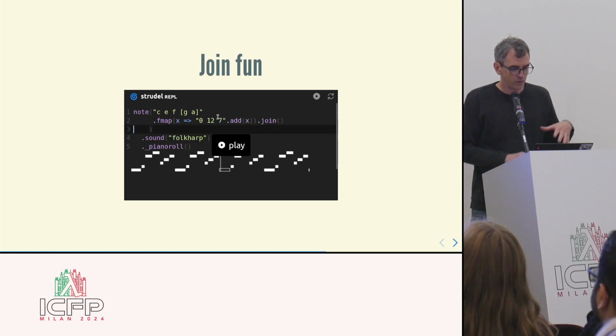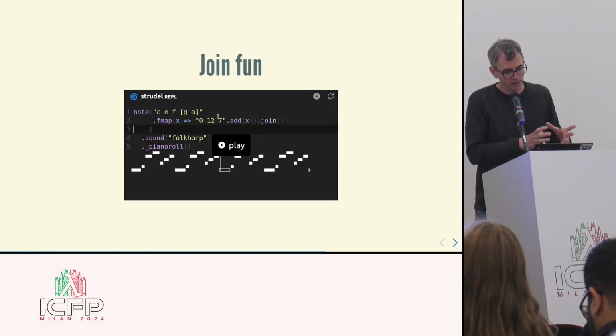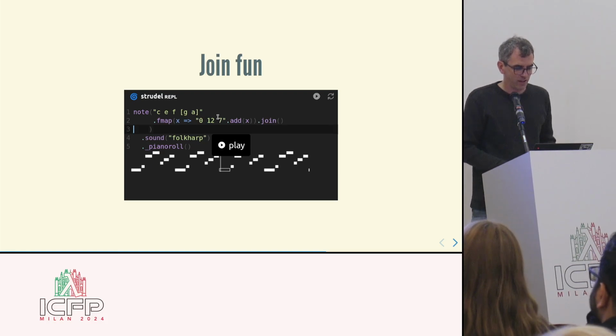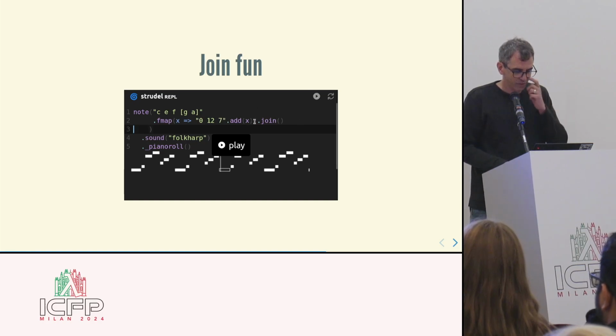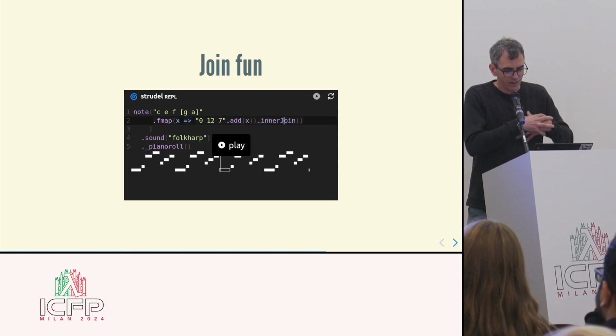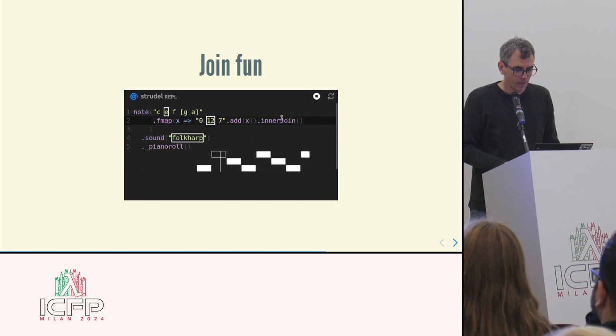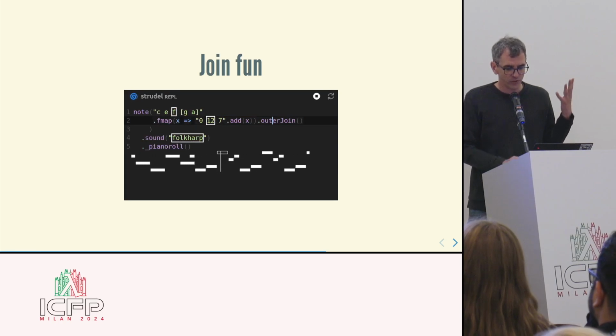So here we've got 2 patterns, which end up being a pattern of patterns, and then the join will just line them up, and then you can add together the values. But then you can also do an inner join, so just use the structure of the inner pattern. Or the outer join to use the structure of the outer pattern.